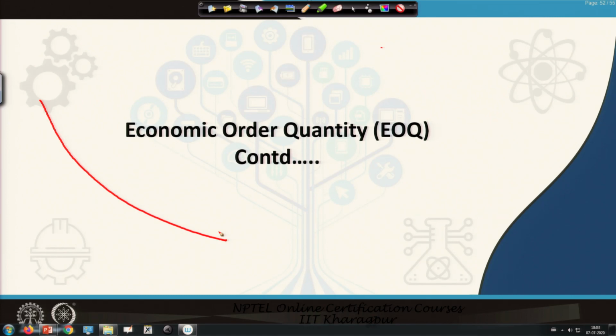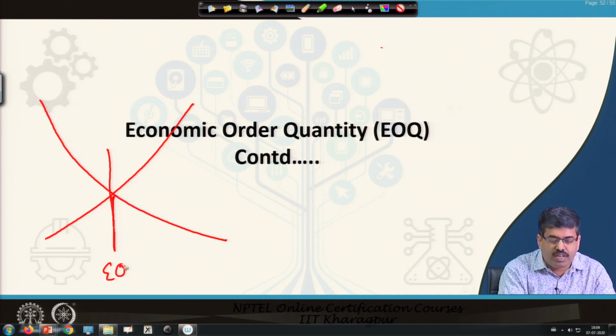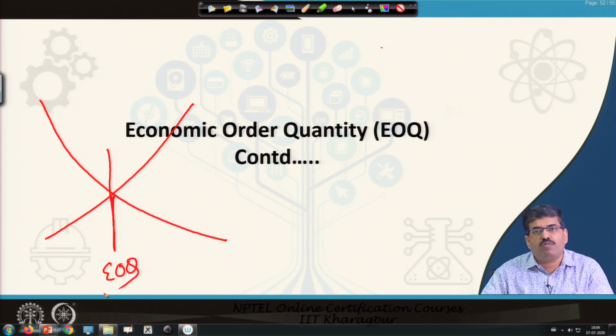But I have to store this product, so my storing cost goes up as more and more products come in. The intersection point of these is the win-win quantity, and that is called the economical order quantity, or economic order quantity in common terms. Clear? So, this much I should order.